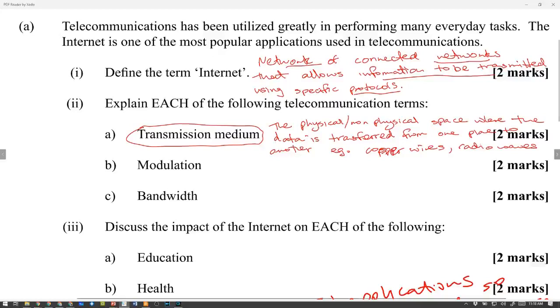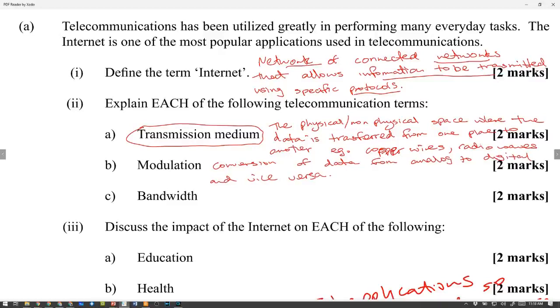All right. Modulation is the conversion of data from analog to digital and vice versa. All right. Example, a modem, which is basically it. All right.